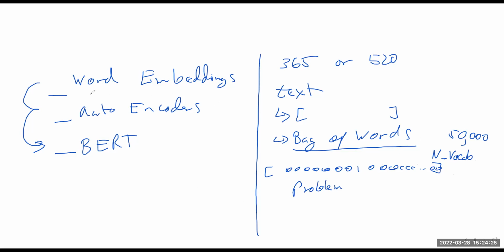Then came word embeddings, which, as you said, was word to vec. And in particular, word to vec, but others as well, fast text, etc. You know, many others, right?